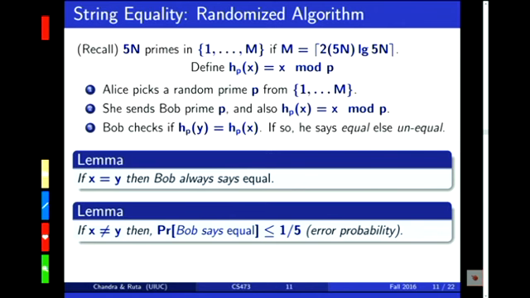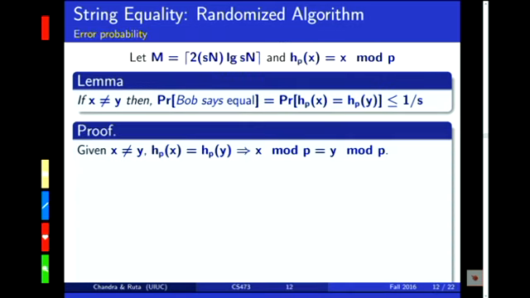There are at most n divisors of this number, and there are a total of 5n possible primes. So n primes out of these 5n may divide this difference. Then the probability that a particular prime I picked uniformly at random divides this number is n over 5n, so 1/5. This is the main intuition: you have to look at the difference. So let's try to prove that.